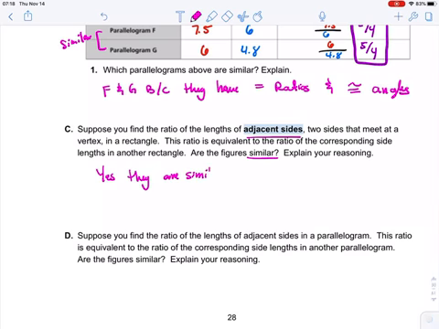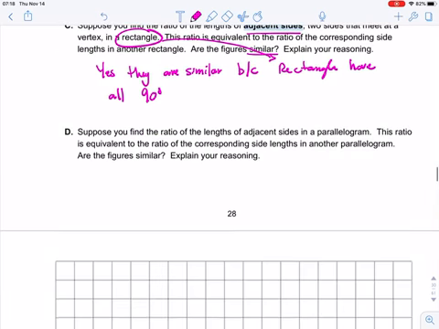And the reason why these are always going to be similar is because rectangles have all 90-degree angles. The word rectangle defines a 90-degree angle.